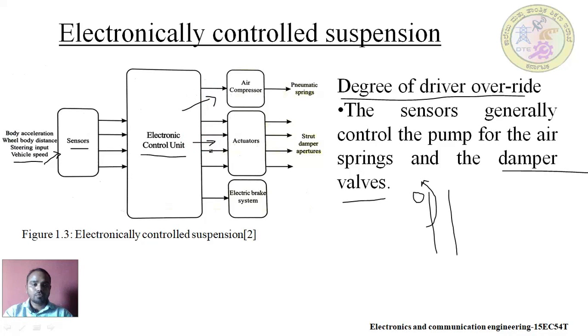The role of these output devices is to maintain the proper damping. If we are in the ride position, then it has to lower the damping. If we are in handling position, then it must increase the damping, make the road journey very smooth and keep the vehicle level.